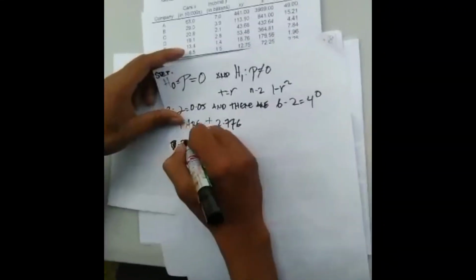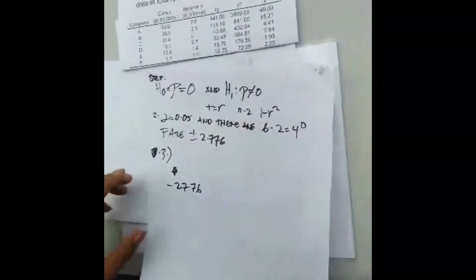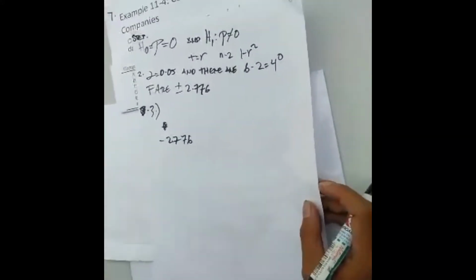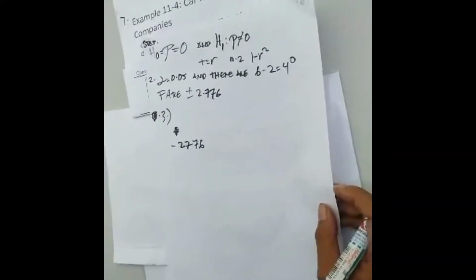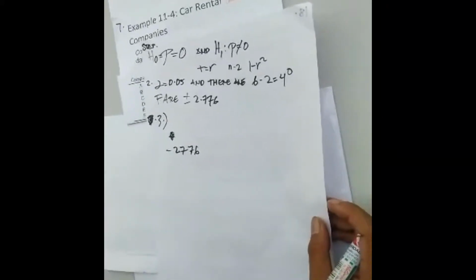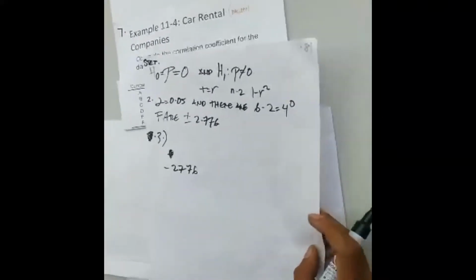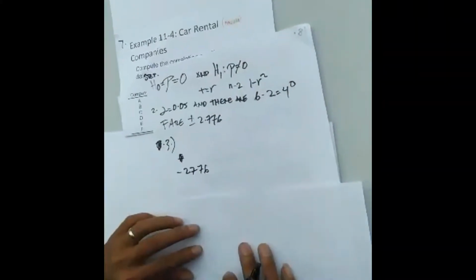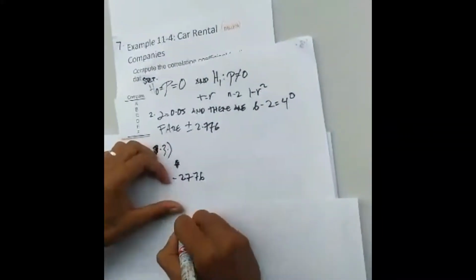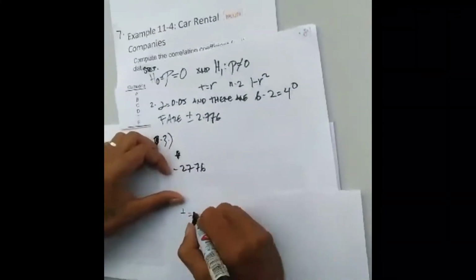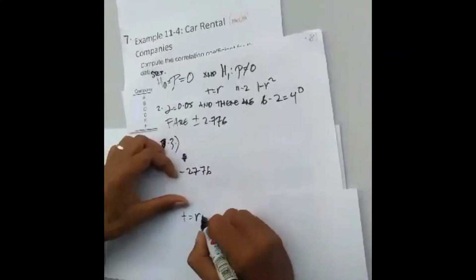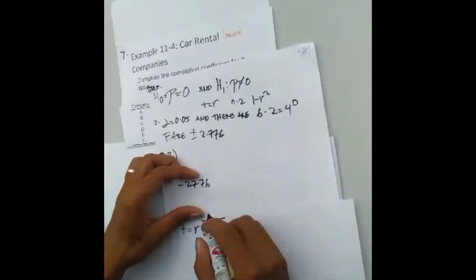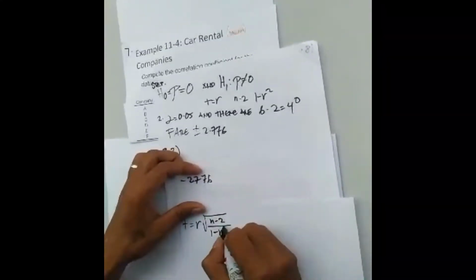Tuloy sa step 3, i-compute muna natin. Meron tayong sinusunod na formula, t equals R square root of n minus 2 over 1 minus R squared.